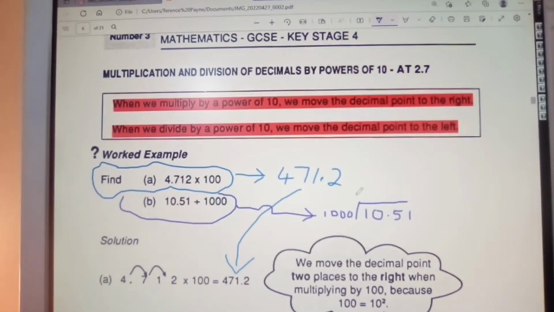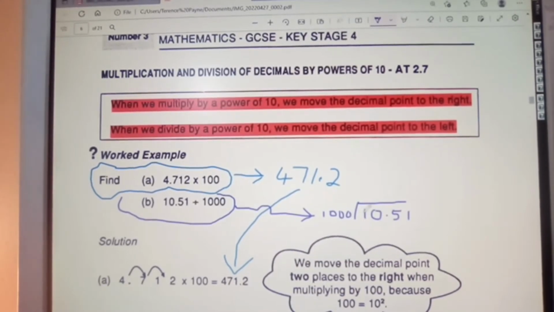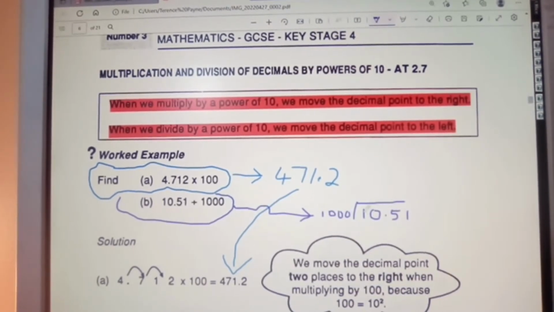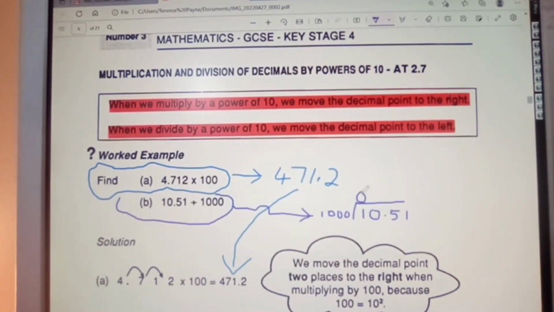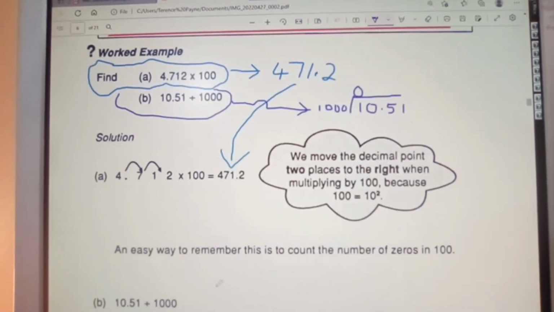A 1,000 into 10 you can't. 0. A 1,000 into 105, moving the decimal point, you can't. 0.